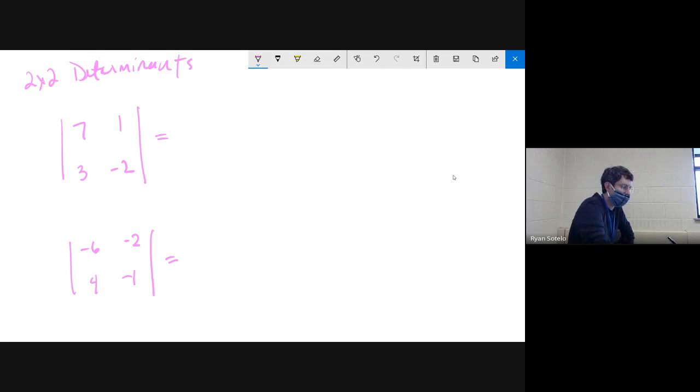So it's kind of like if you imagine making a shape, starting that way, and then coming around, going that way. Start with the downward, and then come back, and these are the ones you subtract. So yeah, 7 and -2 minus 1 and 3. That should make -14 minus 3.